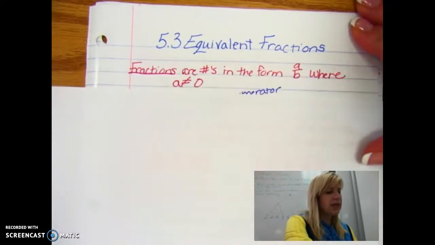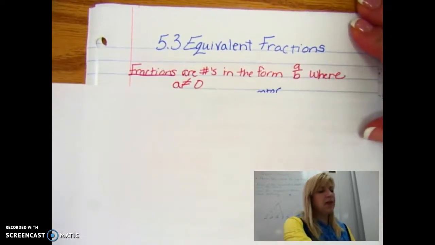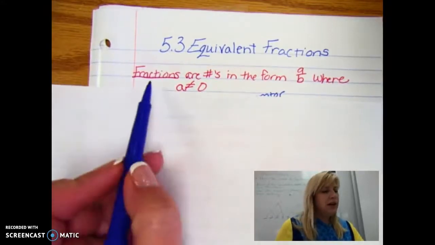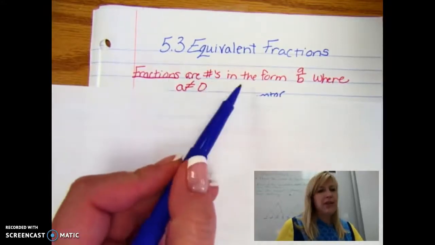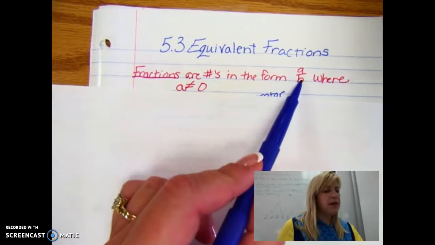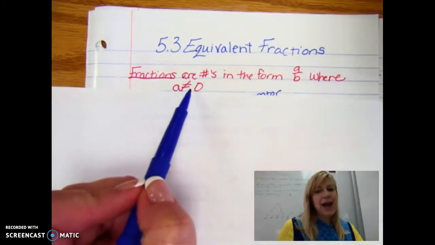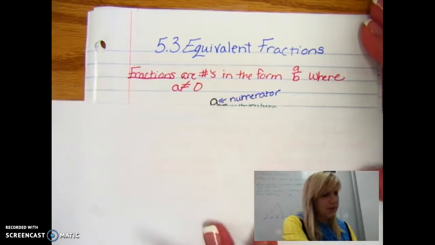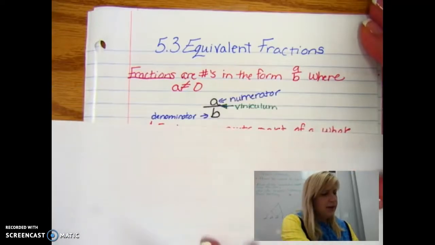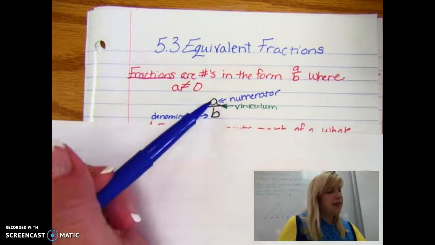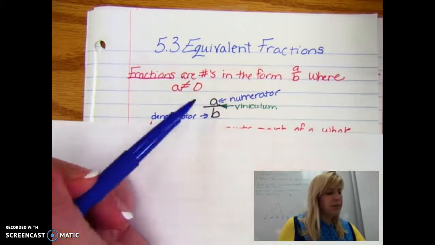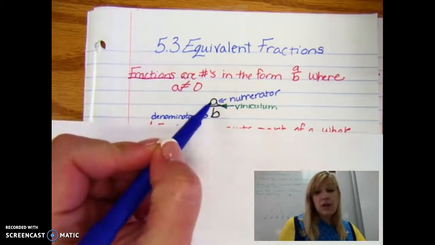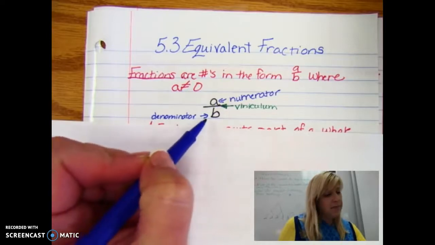And when we talk about fractions, the technical definition is that fractions are numbers that are in the form of a over b, where a is not equal to 0. We'll unpack this just a little bit. So what they're saying is you need some number a over some number b, where a is the numerator, b is the denominator.